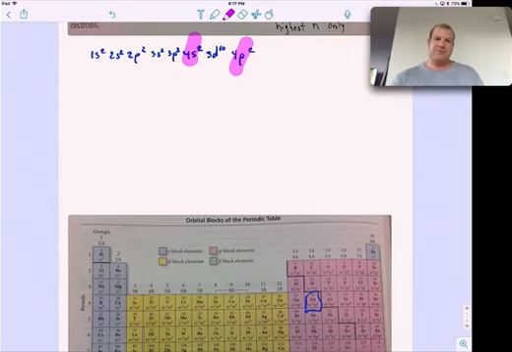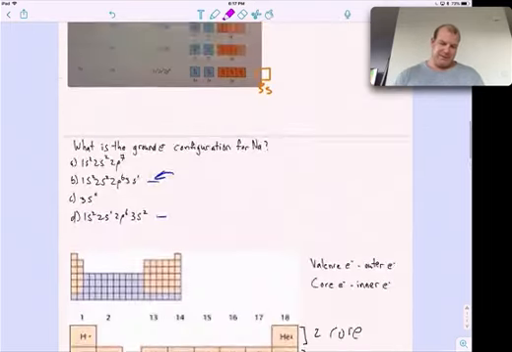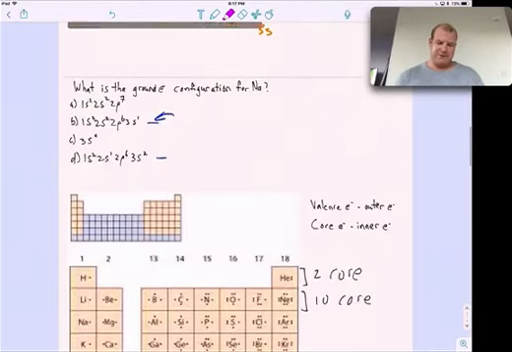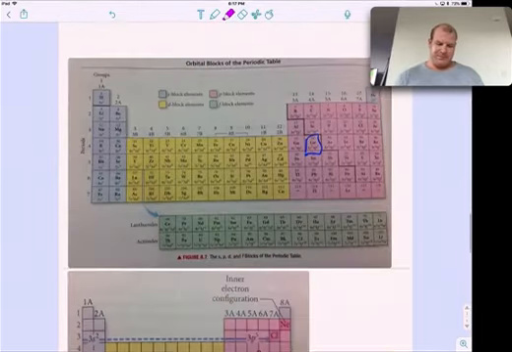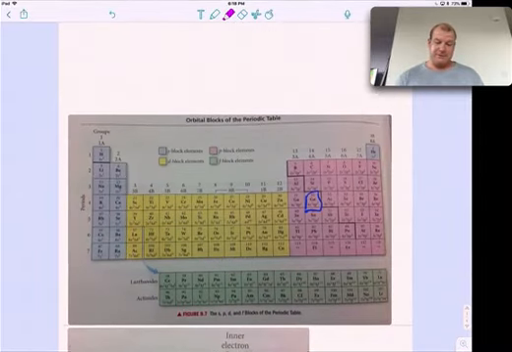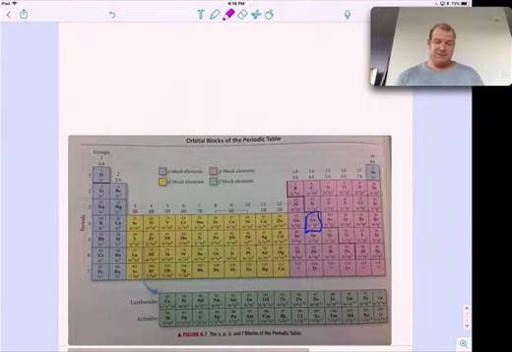If you remember this chart, the 3d is higher in energy than the 4s, but it's not considered to be valence. The 4s electron is actually slightly further out from the nucleus. It's just the way energy works.